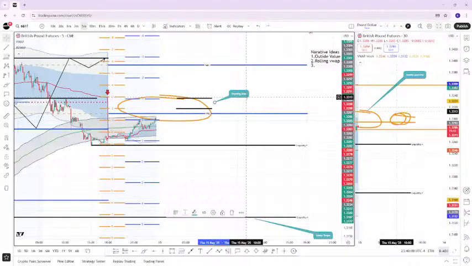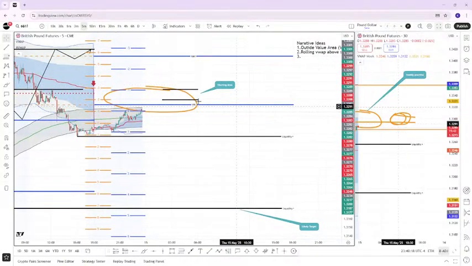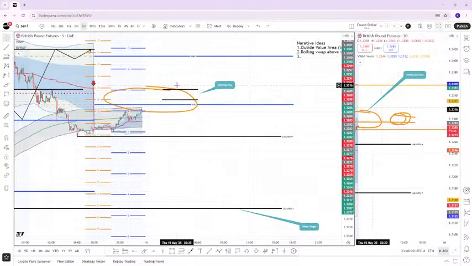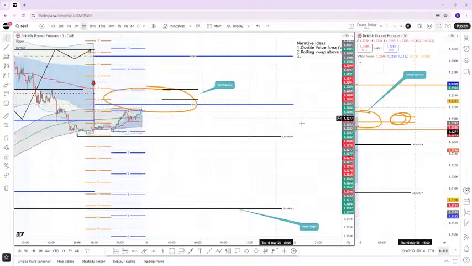So that's my shorting area, or shorting lines. That's my likely target. If it pushes through that before and it goes further into value, I'm not interested. If it holds just below value area low, not interested.